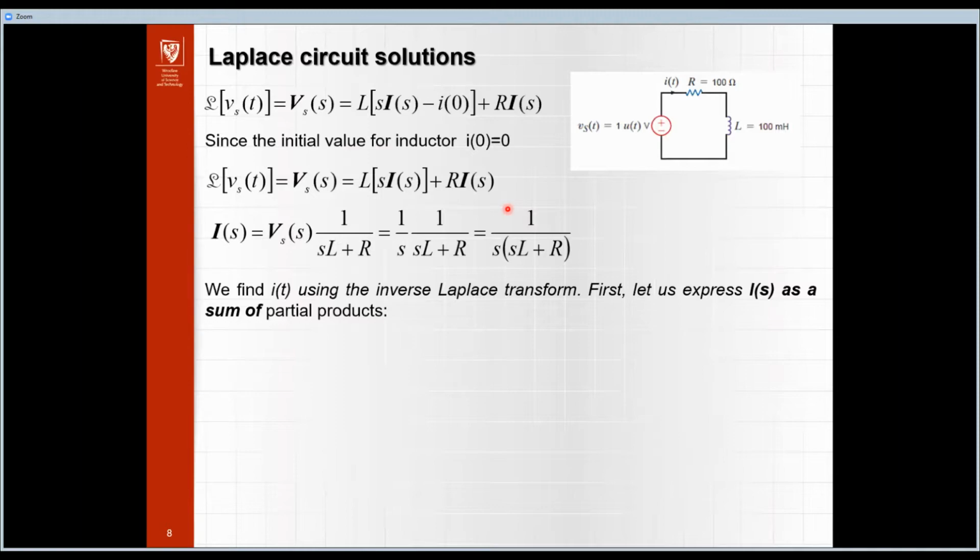But first, we can express I of S as a sum of partial products, and so we must rearrange this one, because it is not convenient when we have here S and L. Maybe you remember that in the transformations which I showed you, there is always S without any factors.